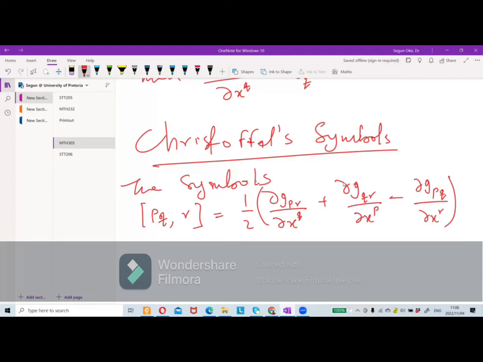Look at the way we pair them. PR, then QR, minus then PQ. Then each of them divided by each of the coordinates.